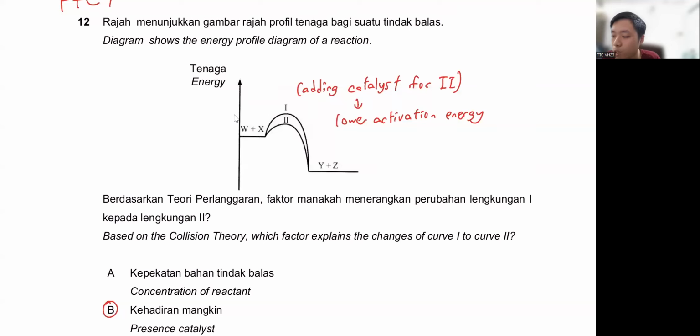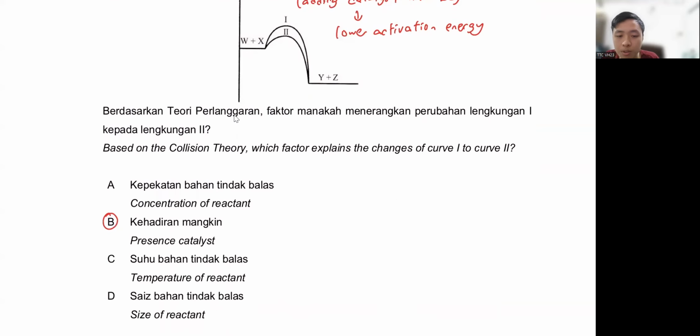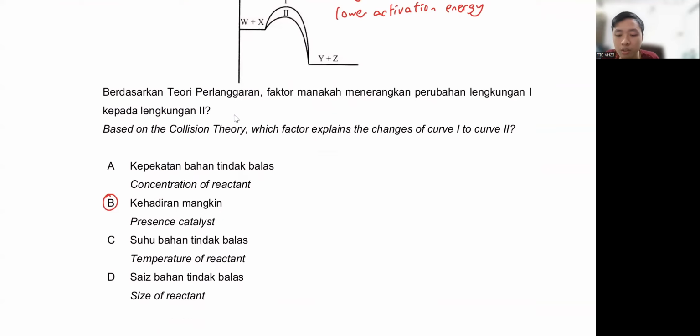Energy profile diagram, whether you see is talking about catalyst one. First one you have without catalyst, higher activation energy. Second, with catalyst. That's why you have lower activation energy. Yeah, it must be B. Mainly talking about catalyst one. Cannot be other things. Cannot be other factor.